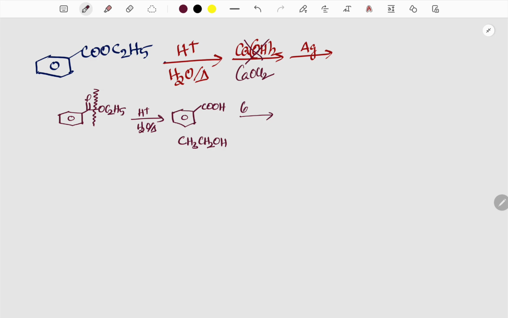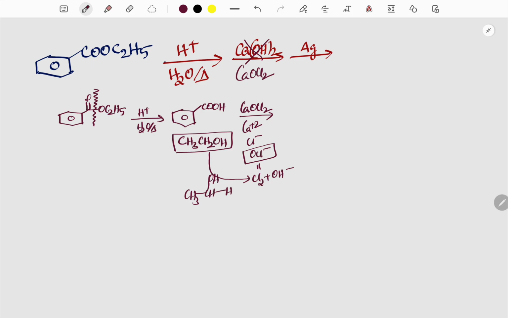Now we are adding bleaching powder CaOCl2. So CaOCl2 means Ca2+, Cl minus, OCl minus. When OCl minus is present, this can be considered as Cl2 plus OH minus. Therefore here the ethanol undergoes haloform reaction with Cl2 and OH minus. The ethanol structure is CH3CH2OH.